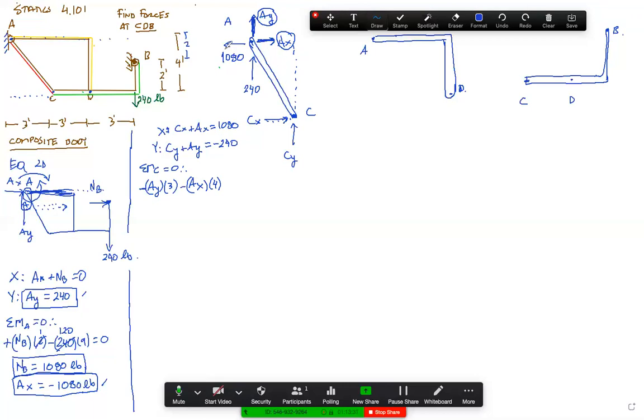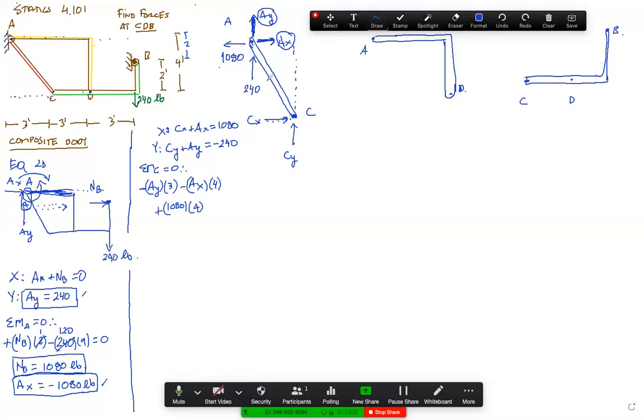Fine. Let's just go with the 1080. Oh my God, this is a horrible equation. Yeah, I know that. And I will put this 1080 times the same thing, which is 4. Now this thing is positive.